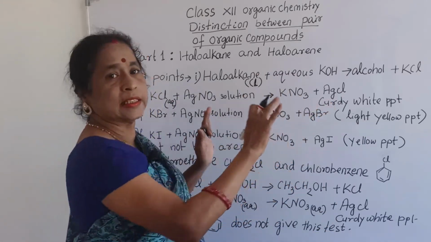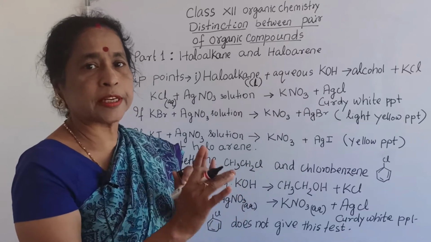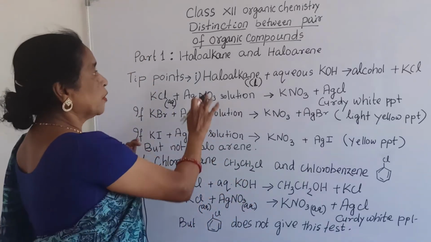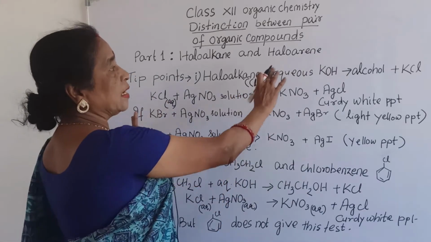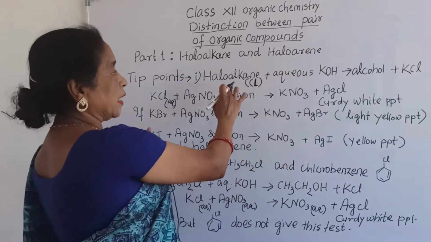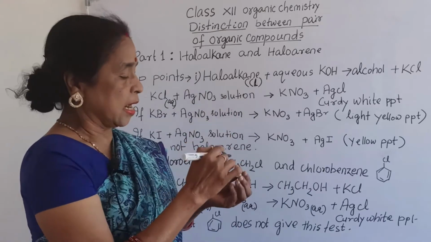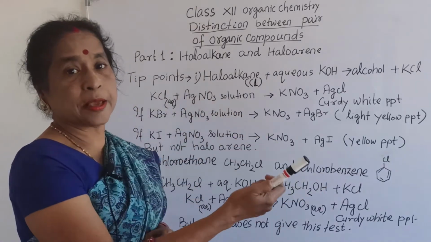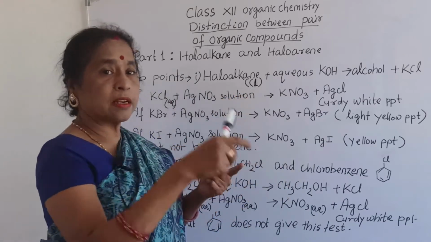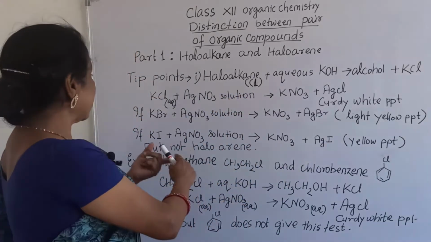That means your compound is a haloalkane, not a haloarene, which contains chlorine. And if the byproduct is KBr, that means the haloalkane contains Br, then what happens?